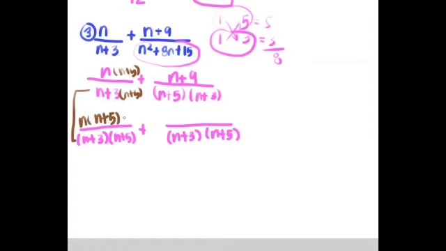Okay, and then on the second fraction, I have nothing new. I just have an n plus 9, right? Nothing changed in that second one. So the process for this, once you have fixed the numerators, is to keep the bottom and then combine the tops.